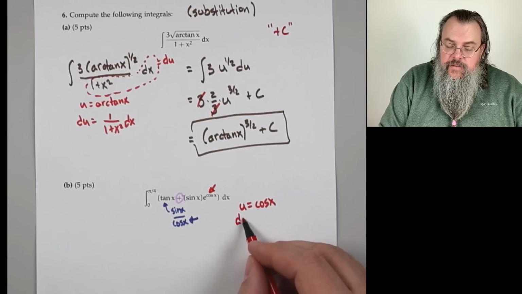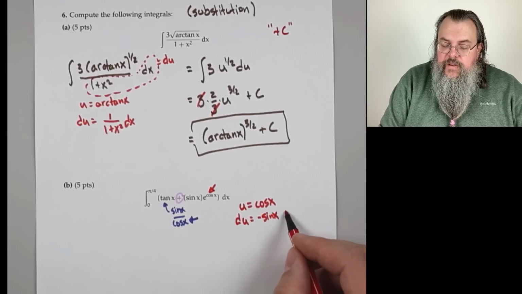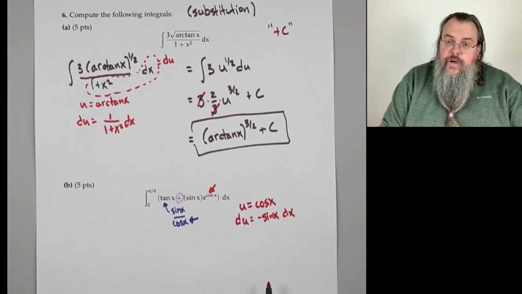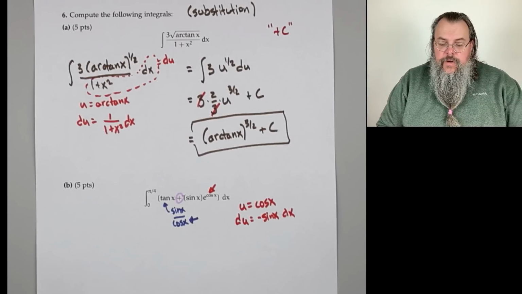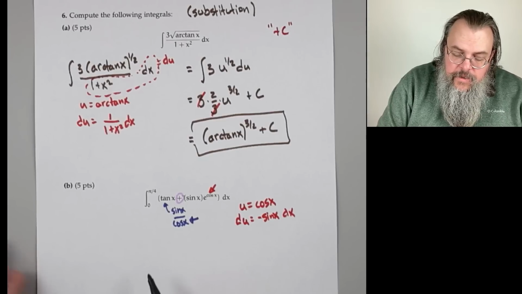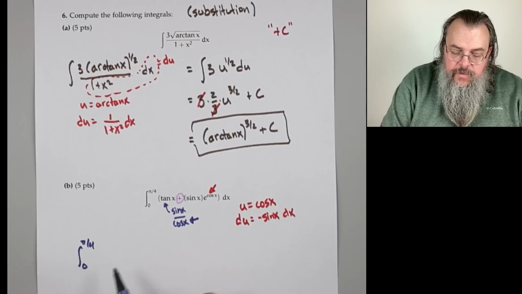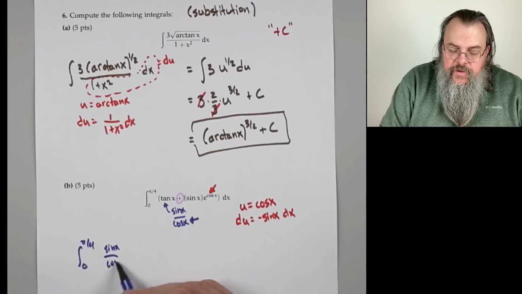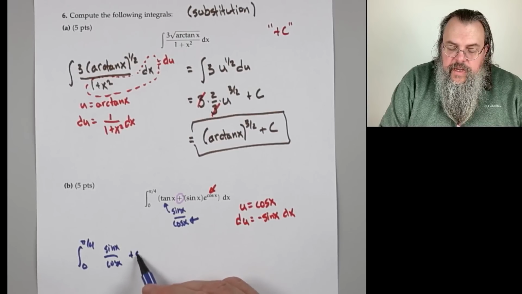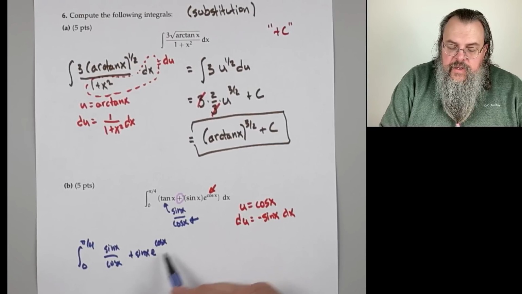And in that case, the derivative, well, that's minus sine of x dx. Well, okay, so what's going to happen? Well, we're going to get the following. Hold on a second before we carry the substitution all the way through. So we have sine of x over cosine of x plus sine of x e to the cosine of x dx.